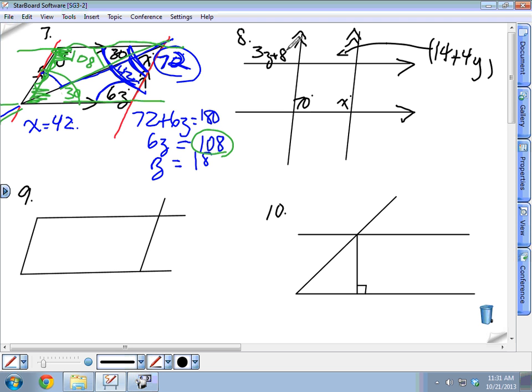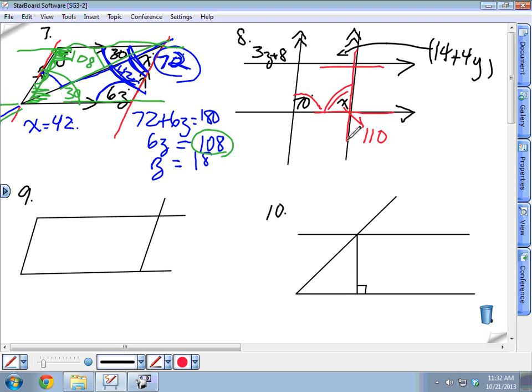We know that x is pretty easy to get, because 70 and this x, right here, are supplementary. So I know that x must be 110, because 110 plus 70 is 180. Now that I have 110 there, I can look at these two parallel lines and this transversal.